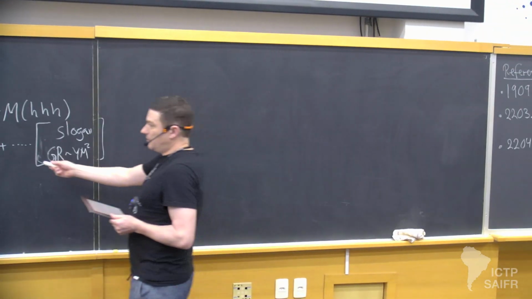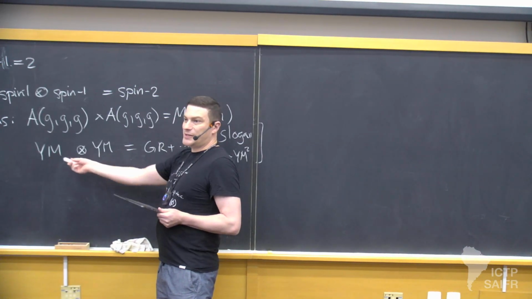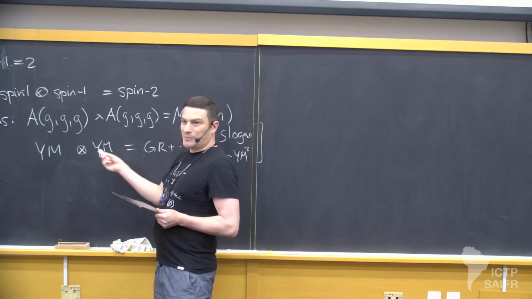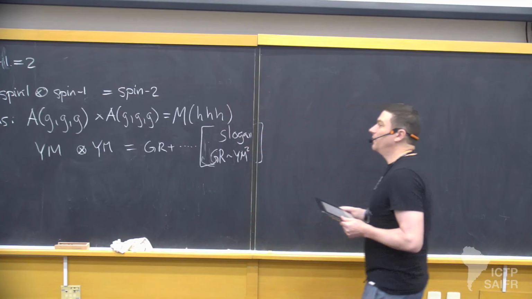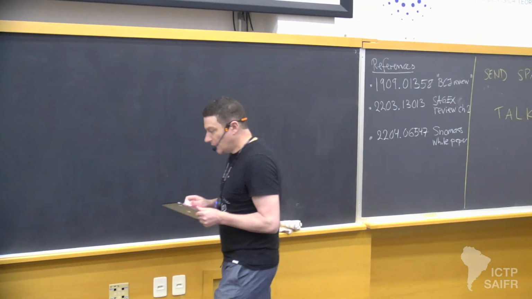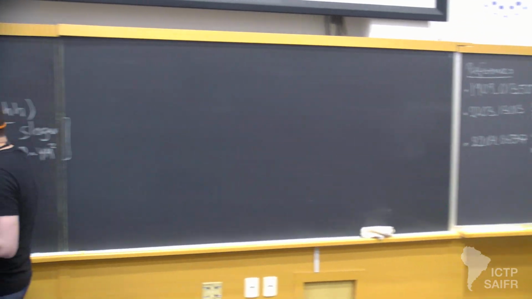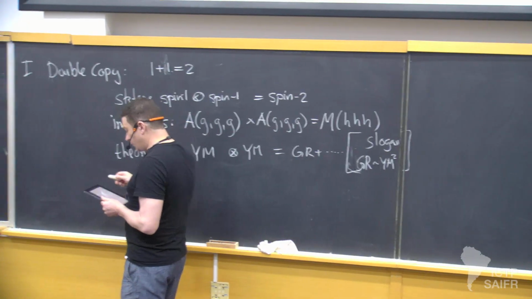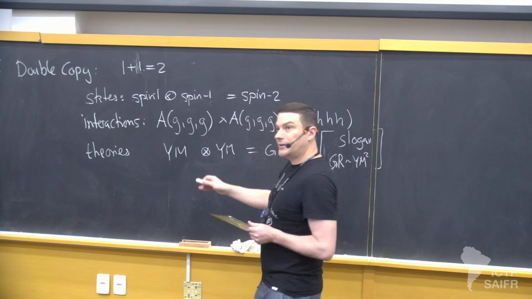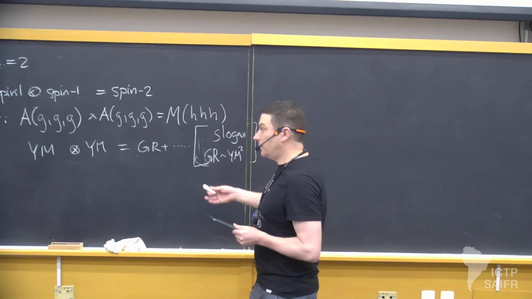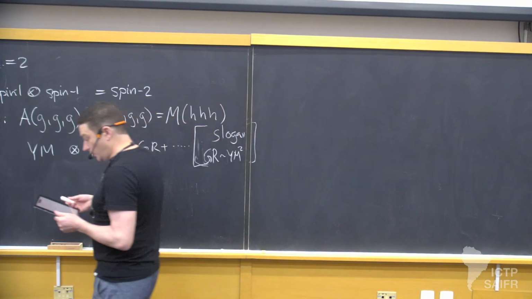And in this lecture, I'm going to make it slightly more precise by saying, well, it's really a multiplication rather than a squaring, and it's really going to be some extra stuff coming along for the ride. Okay, and the last thing I'm going to say about motivating the double copy is that you can also take it to maybe the next level, and that's talking about classical solutions.